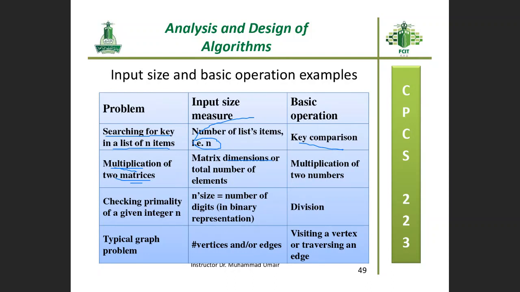Yes, 32. So it depends on the dimension, be careful. And the basic operation will be the multiplication operation. 16 is for one matrix, but multiplication is a binary operator, so it needs two matrices.